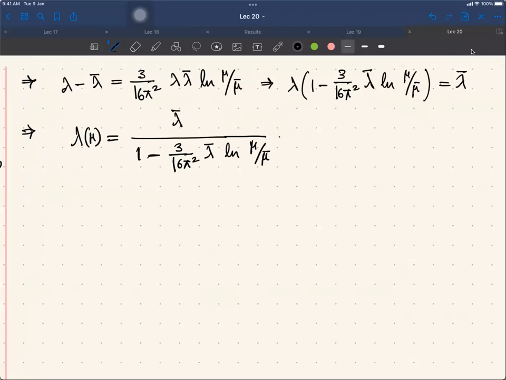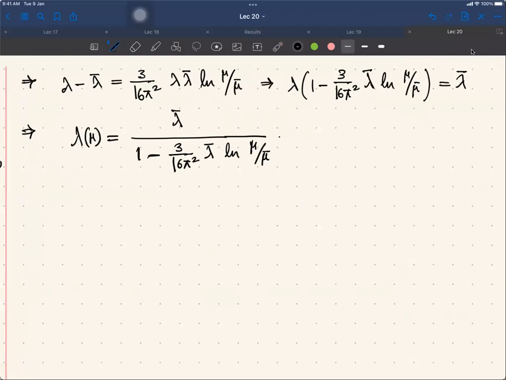So what one sees is that if you start with a coupling lambda bar at scale mu bar, then if you increase the scale mu greater than mu bar, lambda mu will be greater than lambda bar.